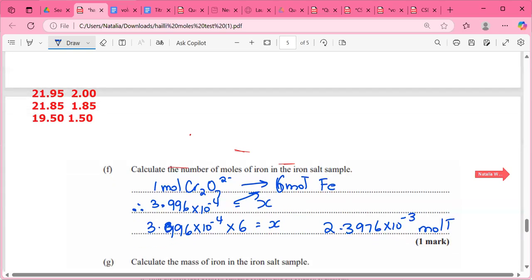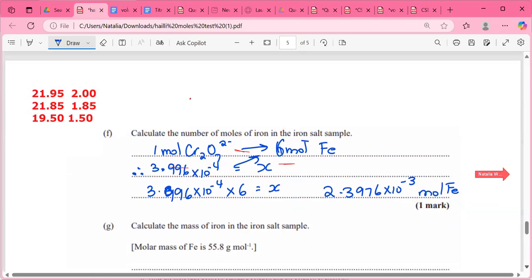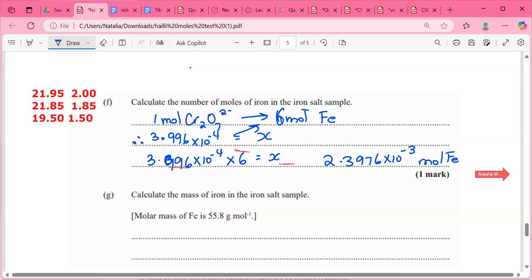Yes, that's it, miss. Iron. So they want to find out the mass of iron in the sample. Number of moles is equal to mass over molar mass. So to find the mass, it would be number of moles times molar mass. 2.3976 times 10 to the negative 3 multiplied by the molar mass, which is 55.8.